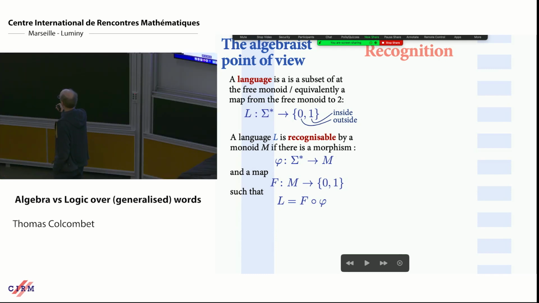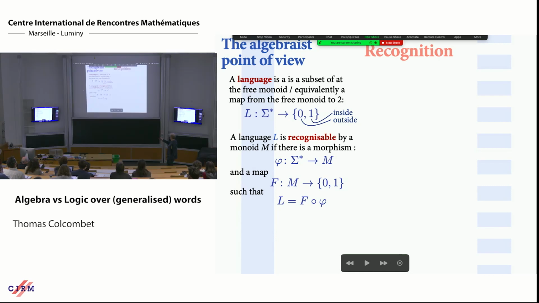Because you have to preserve the structure, whenever your morphism has computed some information about words and you concatenate them, then the information about the resulting word should be the product in the monoid. So in some sense, this morphism contains all the propagation of information that is necessary for recognizing the word.